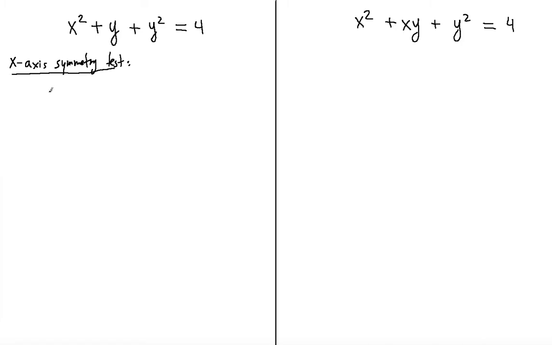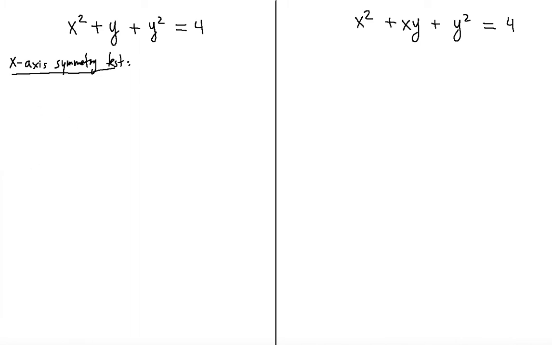X-axis symmetry means that if you reflect, if you negate basically the y values, you will have the same x value, right? That's what x-axis symmetry is. It means that a reflection through the x-axis is possible.